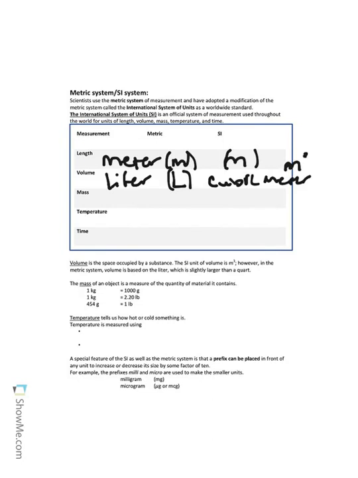For mass, in the metric system, they use the gram, which is abbreviated lowercase g. In the SI system, they use the kilogram, which is abbreviated kg. For temperature, in the metric system, they use the degree Celsius.